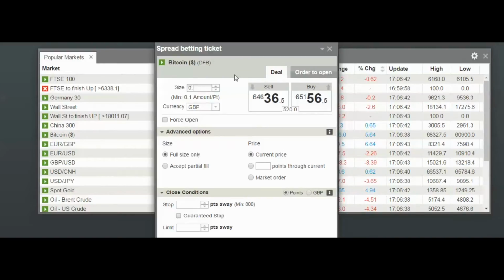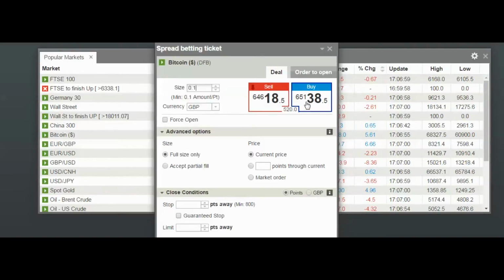But say here, if you're trading at 0.1, which would be 10 pence per point, that would still be a lot to be trading at, because of each point movement.